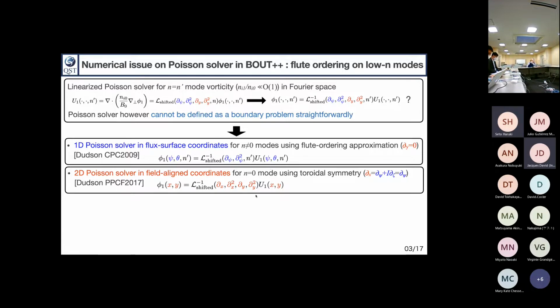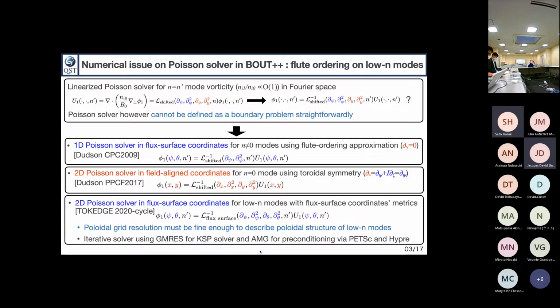And for the Poisson solver for n equals 0 modes, the field-aligned coordinate system is employed. This is because the Poisson solver for the n equals 0 mode is defined as a boundary problem in the field-aligned coordinate system by using the toroidal symmetry property of the field to be inverted.